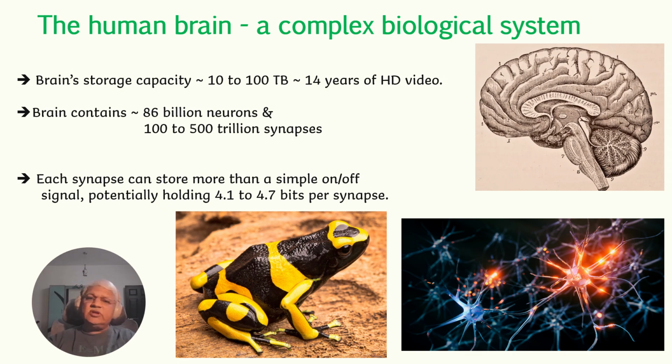Understanding this involves not just the sheer volume of data, but also how the brain processes and retains the data. Actually, many scientific investigations reveal a sophisticated system that far exceeds simple comparisons to digital storage devices.